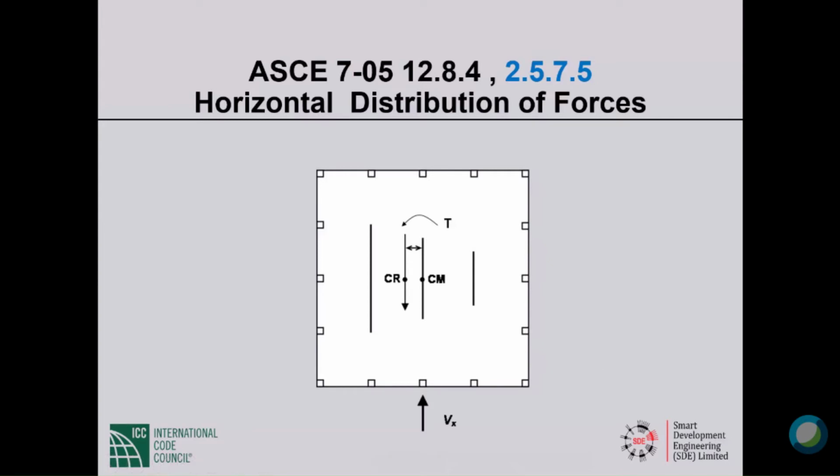There was a time when we used to design for actual torsion subject to a minimum of the accidental torsion, but now for a long time we are required to design for actual torsion plus accidental torsion. The actual torsion is now called inherent torsion in ASCE 7-05. So we are required to design for inherent torsion plus accidental torsion.